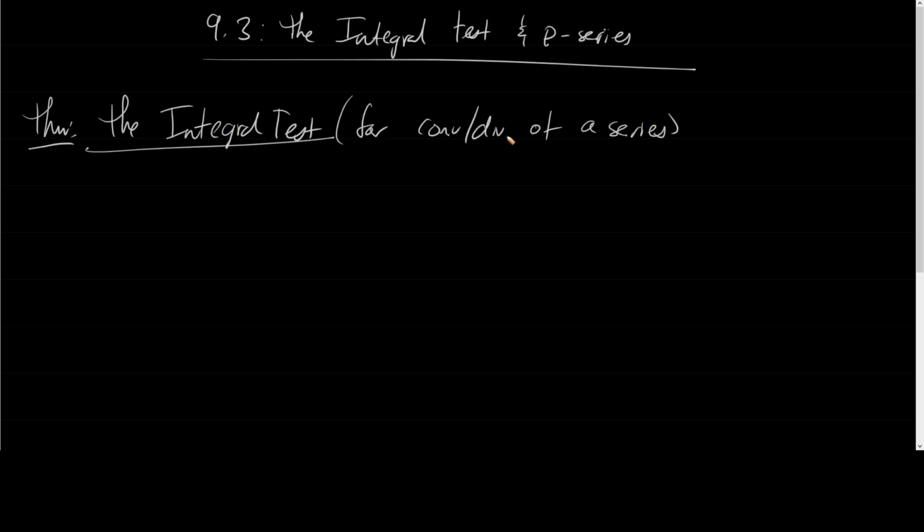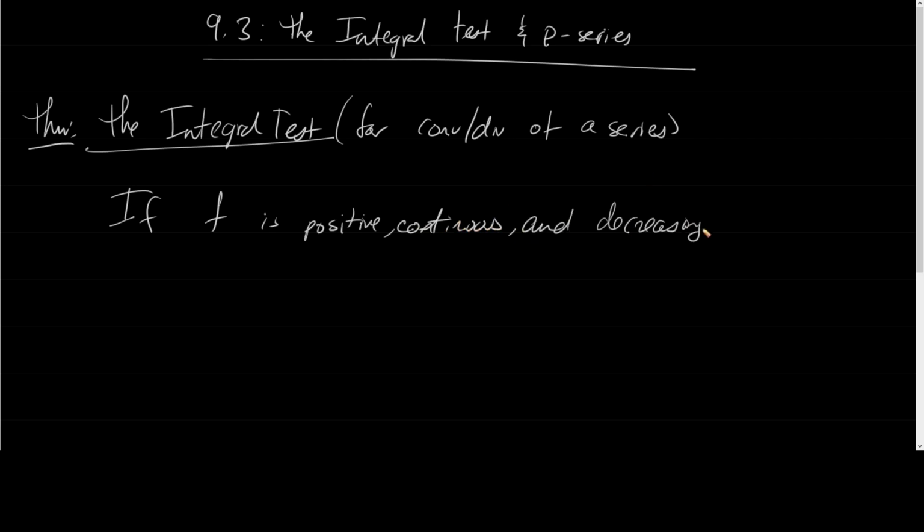All right. So let's say that we have, if f is positive and continuous, so not just positive, continuous, and decreasing for x being greater than or equal to 1, and a sub n is equal to f of n, right?